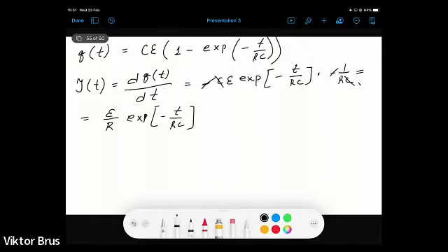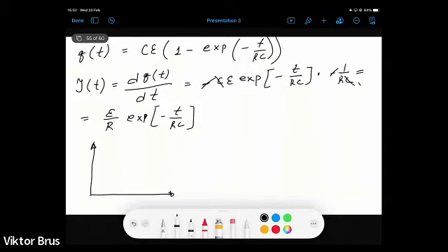If we analyze the time dependence of electric charge and current, electric charge accumulated at the capacitor and current in the electric circuit, we will see something like this.